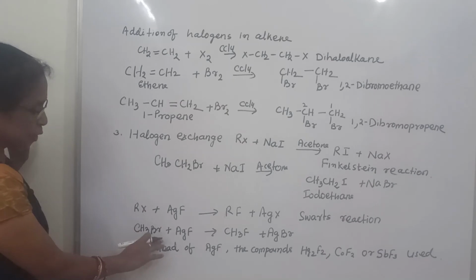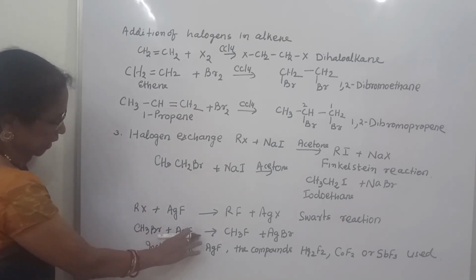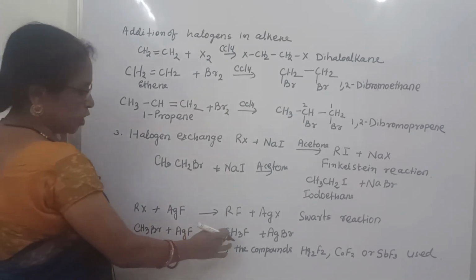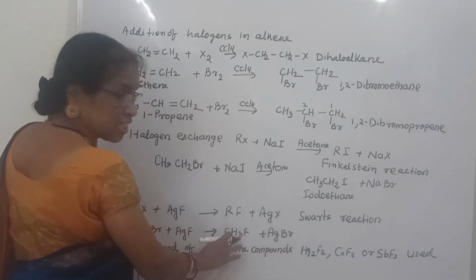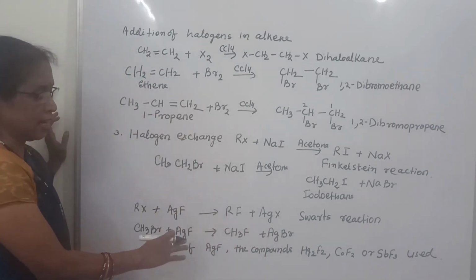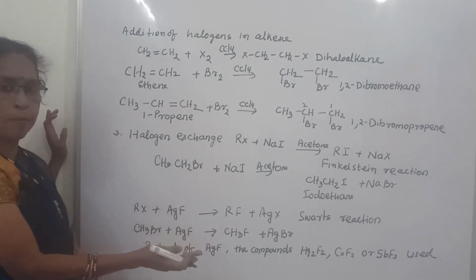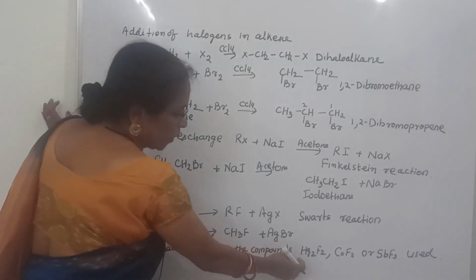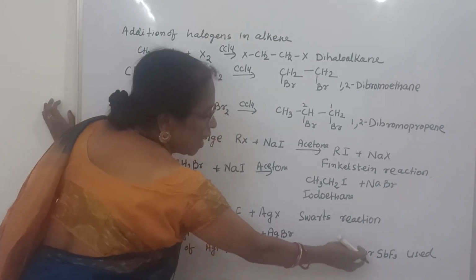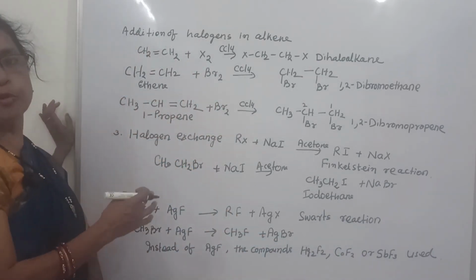Then here CH3Br with AgF, the halogen will be exchanged, giving CH3F and AgBr. What is CH3F? Fluoromethane. Not only AgF, you can take many compounds: mercuric fluoride, cobalt fluoride, antimony fluoride also you can use.